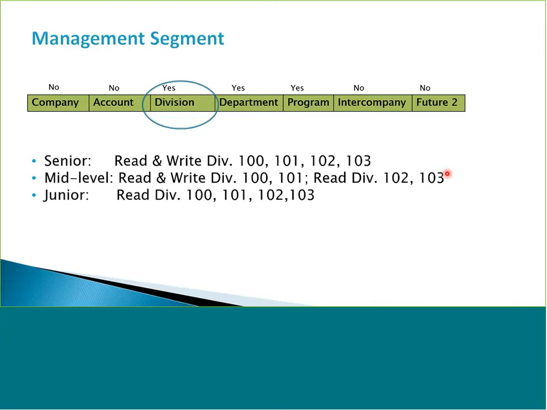So supposing in the Maskani company there are 3 levels of seniority in terms of accountant. And according to those 3 tiers, the company wants these accountants to have different levels of access to the data in the system, or to what they can do inquiries for, or do reports for, or data entry.